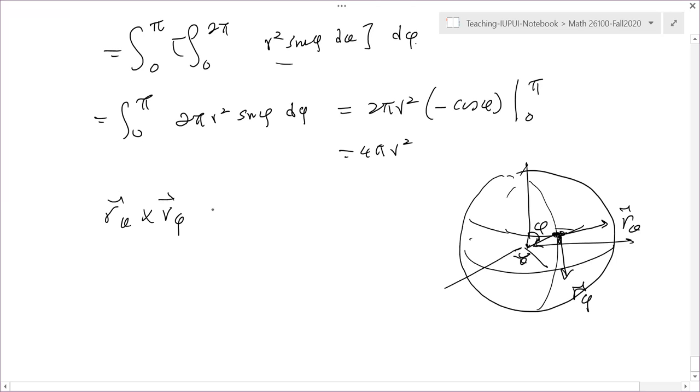So this will be perpendicular to the sphere, and actually point to the inside. So this must be something times r, because r is in this direction, right? So it's the opposite direction, because you use the right hand to look at the cross product. Okay, I stop here.